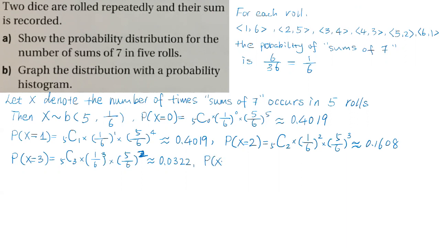Okay, next, the probability of being a 4 is C(5,4) times 1/6 4 times times 5/6 1 time. Which is 0.0032.